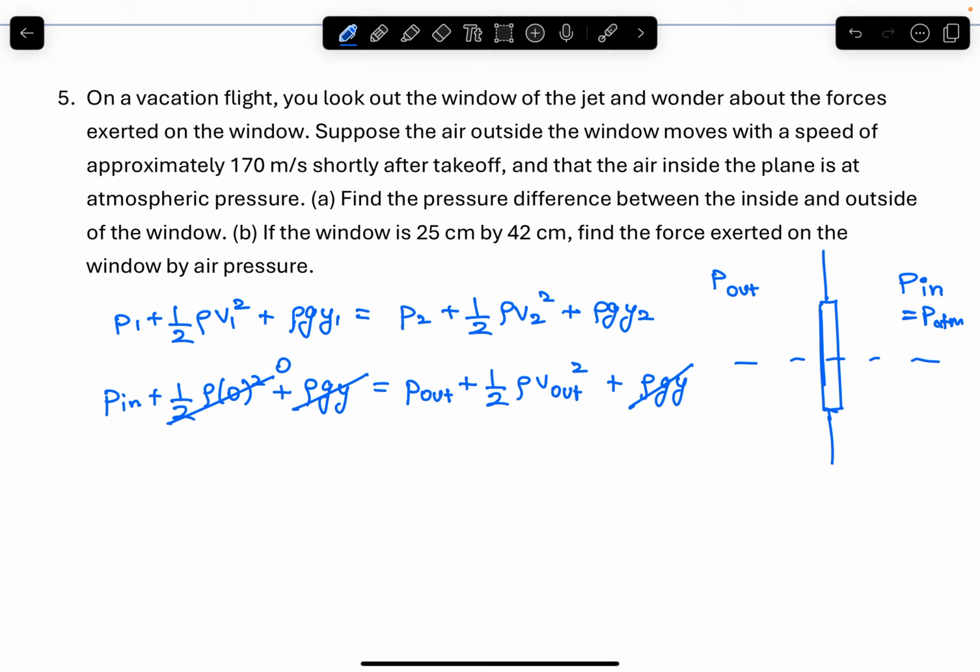In part 1, we are asked to find the pressure difference. So P in minus P out is equal to half rho V out squared.